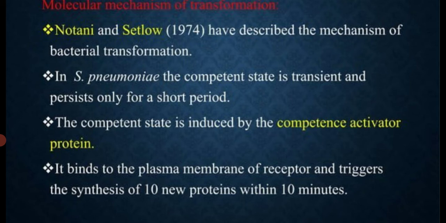In a competent Streptococcus pneumoniae cell, about 30 to 80 cell wall receptor sites are capable of binding double-stranded donor DNA, whereas Haemophilus influenzae possesses 4 to 8 receptors, and these receptors can recognize a DNA sequence of 11 base pairs.